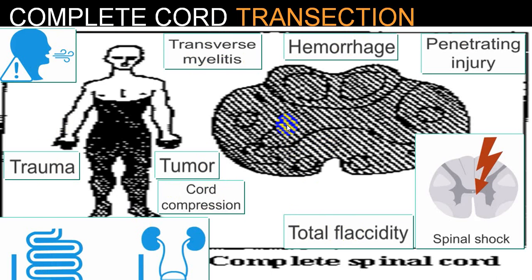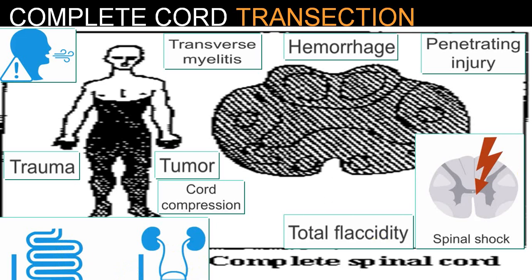If this lesion is at the level of the cervical cord, that is C3, C4, you will have even phrenic nerve involved, so respiratory involvement, and you will have urinary and bladder incontinence if there is a complete transection, and also bowel incontinence.